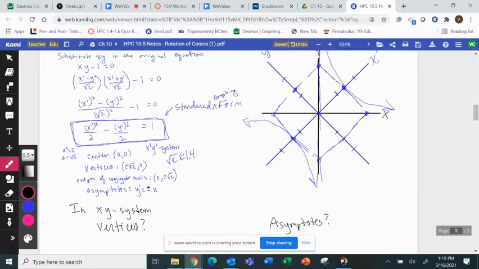I changed the color back to black so that I can keep my colors organized by which system I'm talking about. Plus I wrote the words XY system. Let's start with the asymptotes. In the XY system, what lines are the asymptotes?